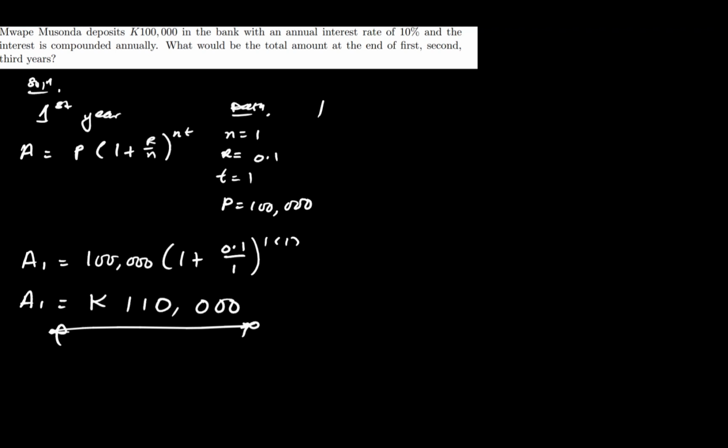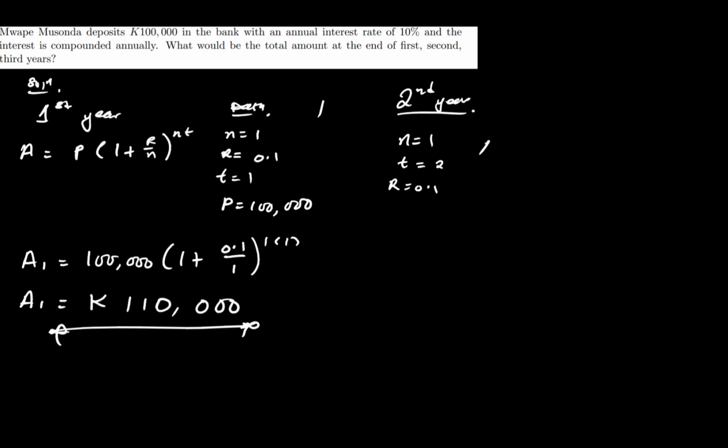Now let's see what the total amount would be at the end of the second year. What we're going to do is just change the value of t. n will still be 1, t will now be 2, but everything remains the same. R is still 0.1.